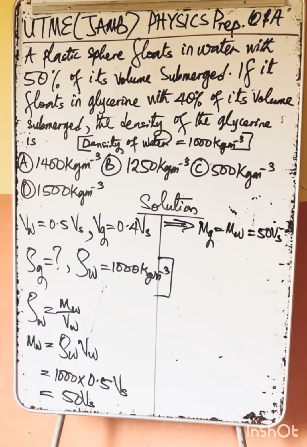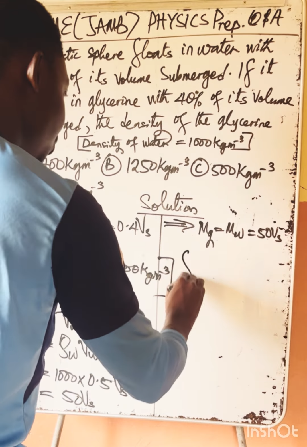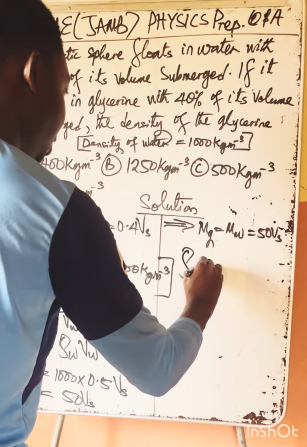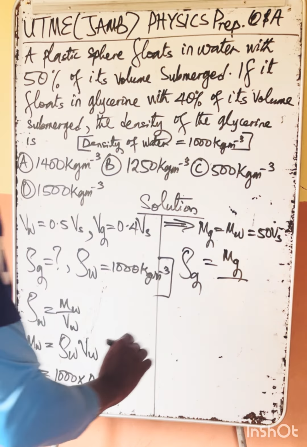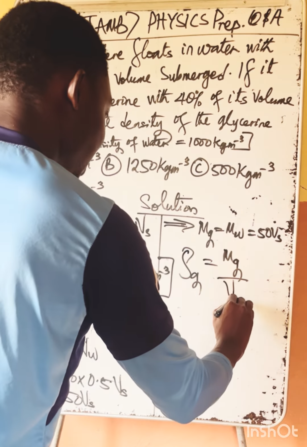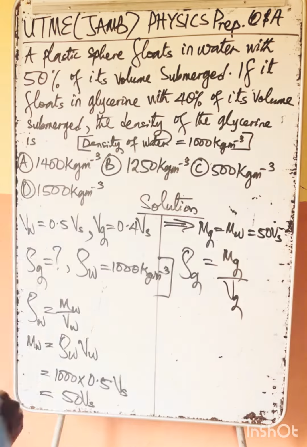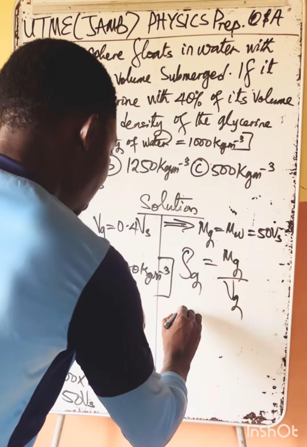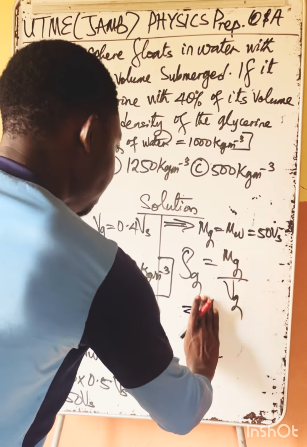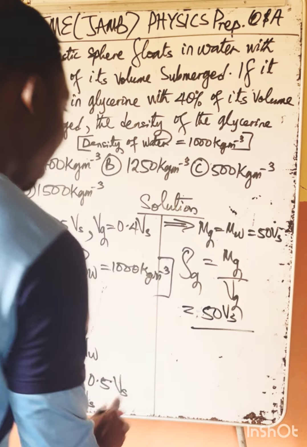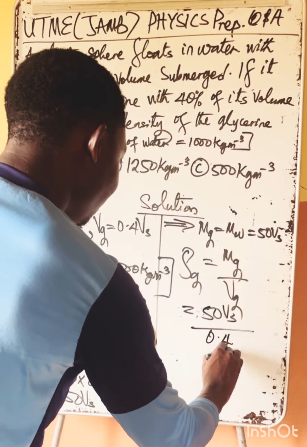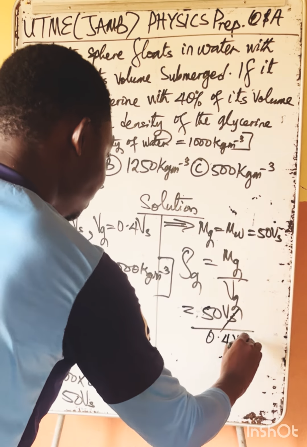So let's now move over to that of the glycerin. Okay? So that of the glycerin says that rho g, the density of the glycerin, equals the mass of the glycerin Mg over the volume of glycerin, that is Vg. Okay, remember we have Vg here. So if we substitute, Mg here is 50, it will be 50 Vs over Vg, which is what? 0.4 Vs. So this cancels this.